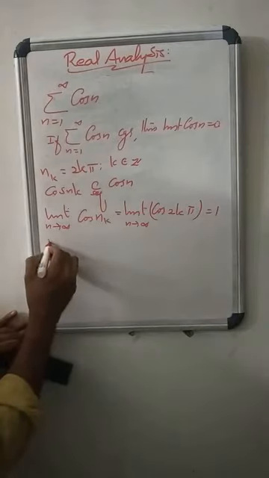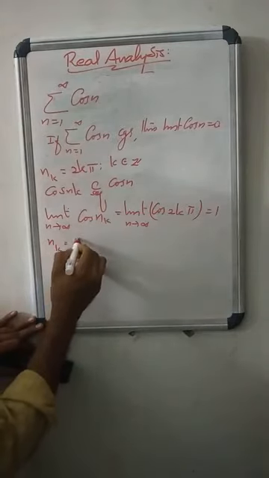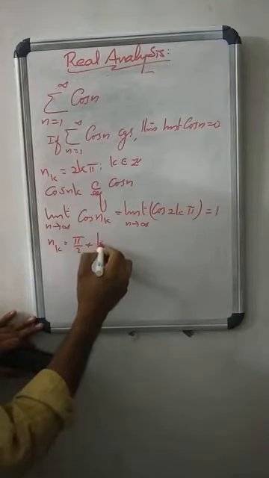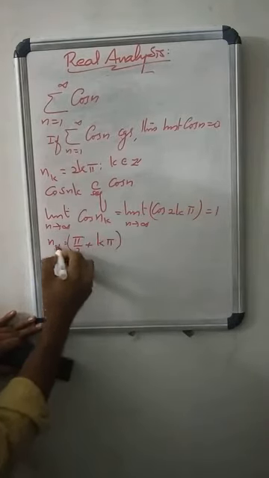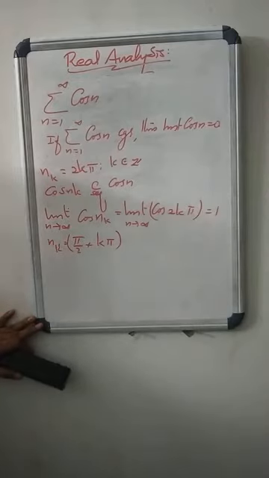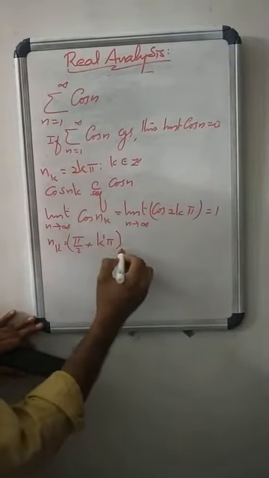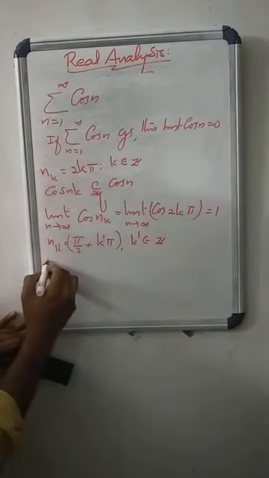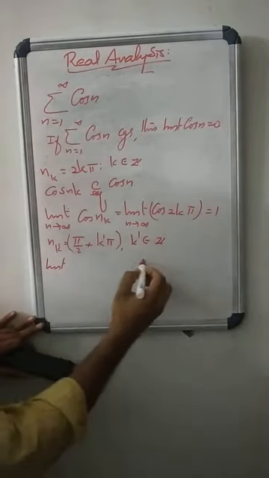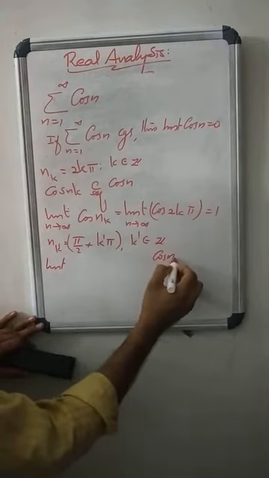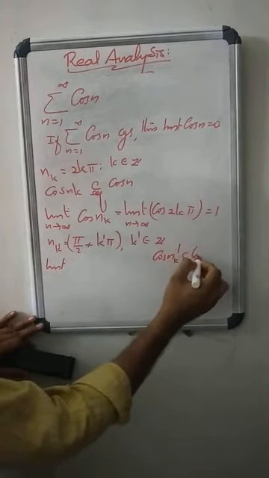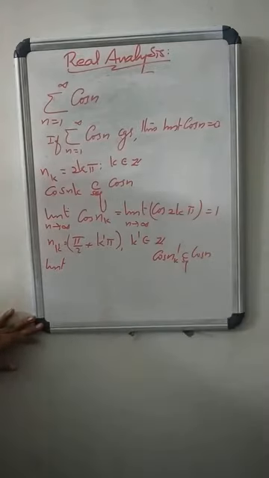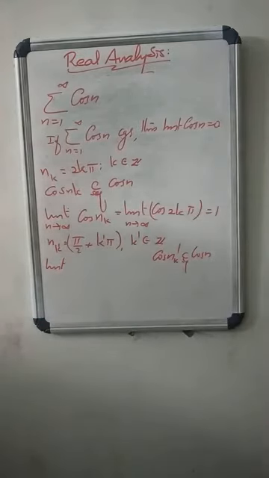Consider another subsequence. Nk dash equals pi by 2 plus k dash pi. Clearly cos nk dash is a subsequence of cosine. Clear?